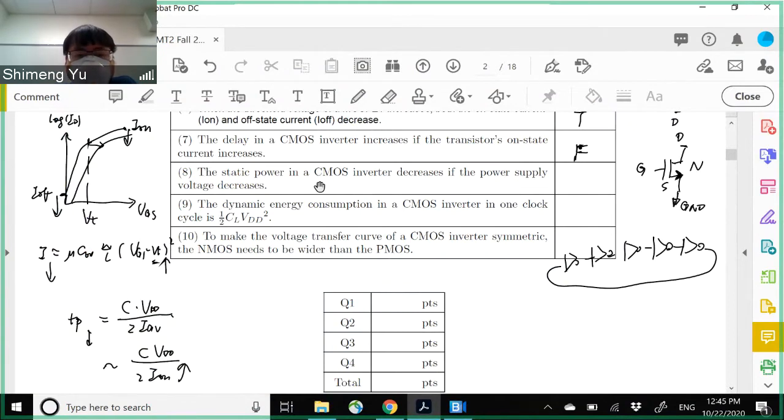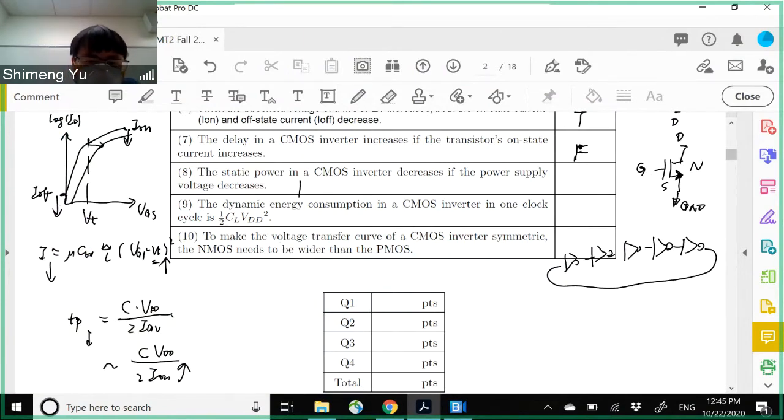Static means you are doing nothing. Okay, the input keeps the same. You don't have the 1 to 0 or 0 to 1 transition in the input. So the input is static. It's like in your standby mode or sleep mode of your smartphone. So we talk about the static power is due to this leakage from the off current through the transistor.